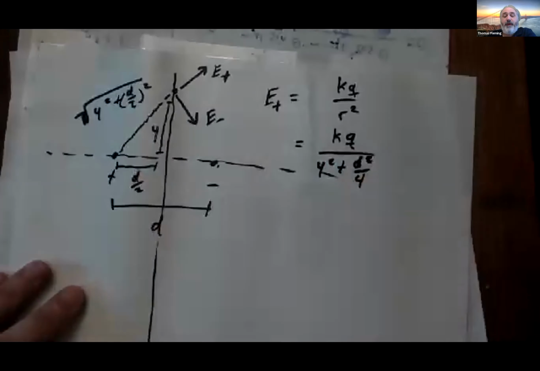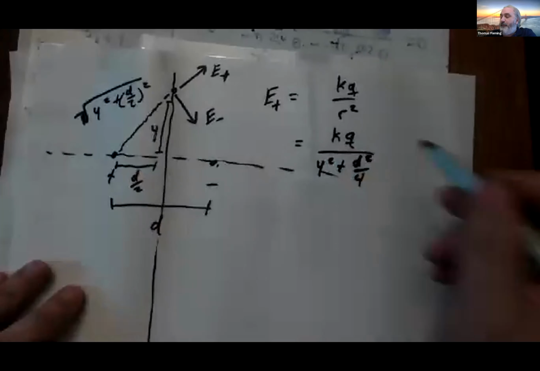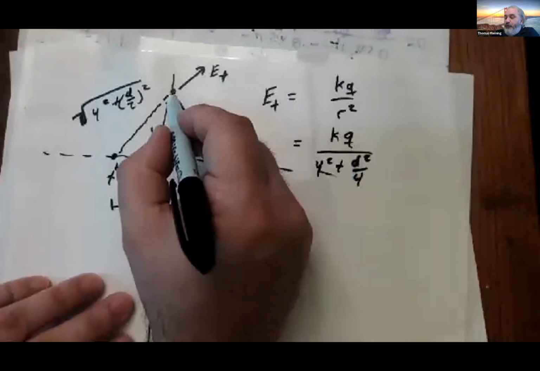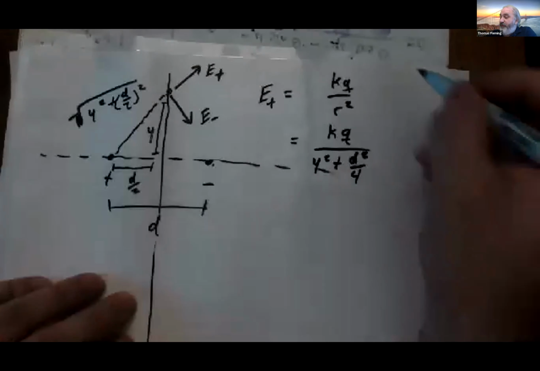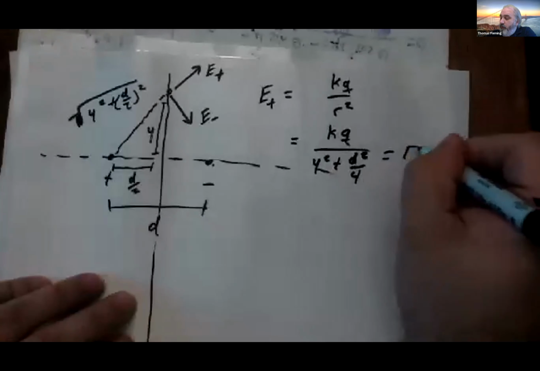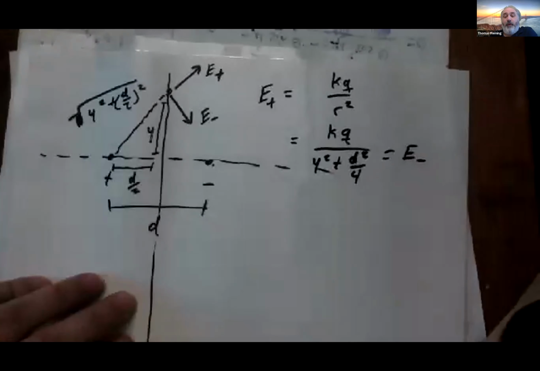So that's the magnitude of E plus. From symmetry, however, the magnitude for E minus is going to be exactly the same thing. So yay, I've already done them both. They're both the same.